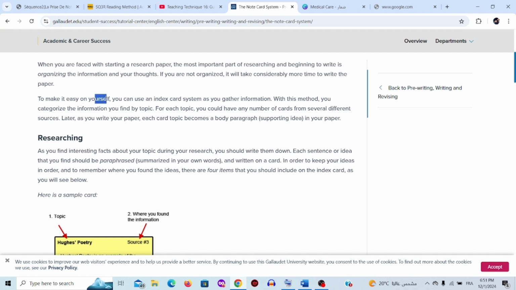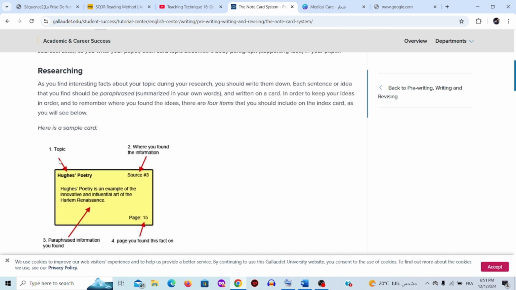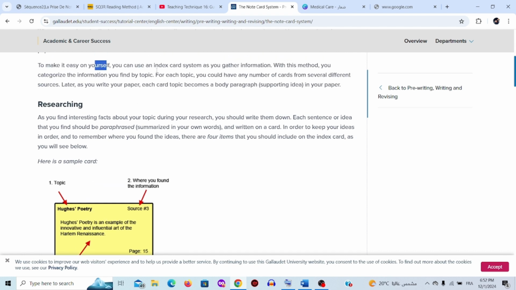To make it easy on yourself, you can use an index card system. These cards are called index cards. As you gather information with this method, you categorize the information you find by the topic.